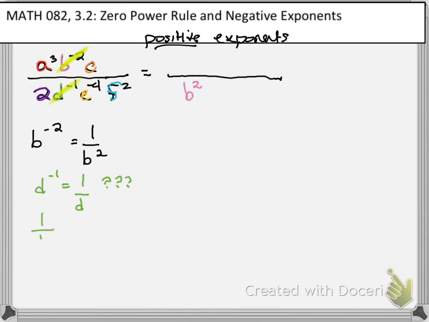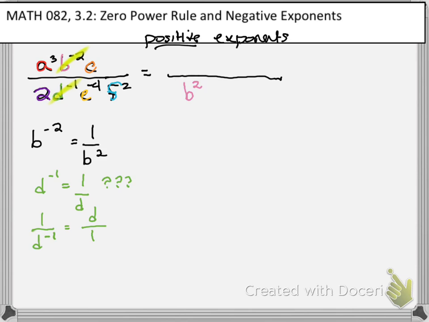He's already downstairs. Oops, I wrote that wrong, sorry about that. So I have 1 over d to the negative first power. He's already in the denominator, so how do I fix that? Well, I fix that by moving him upstairs to the numerator.